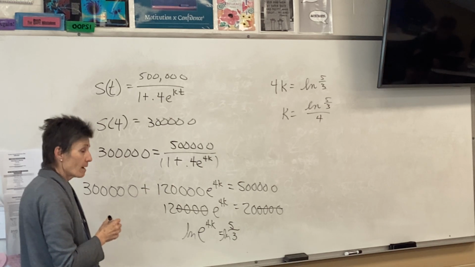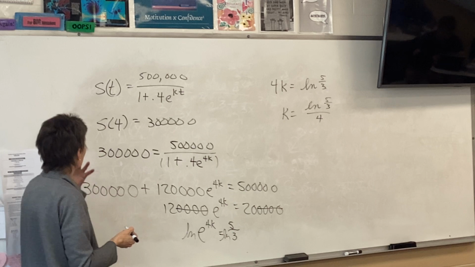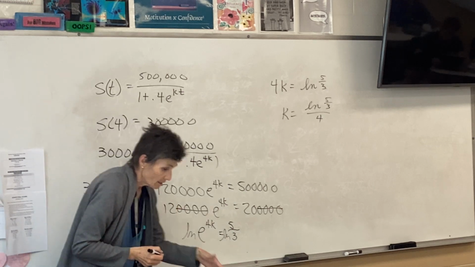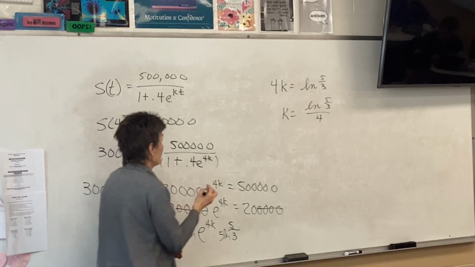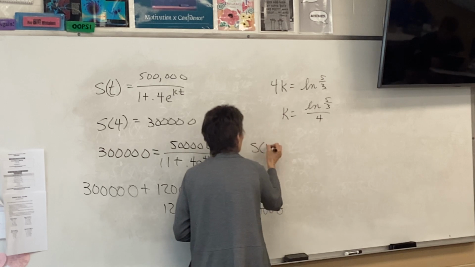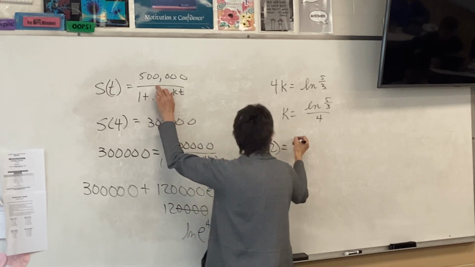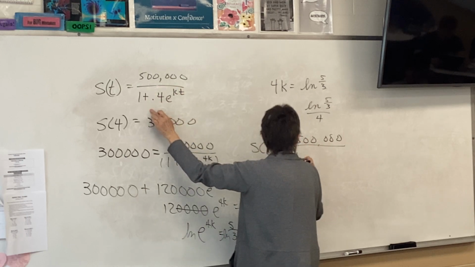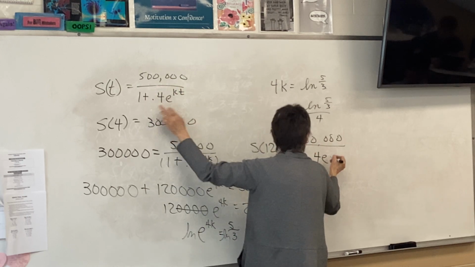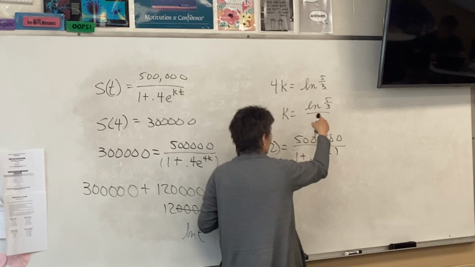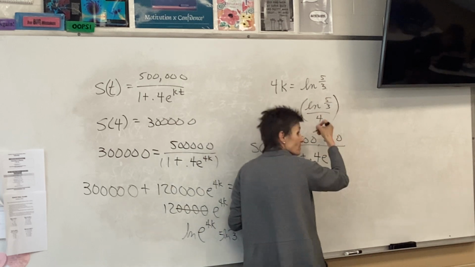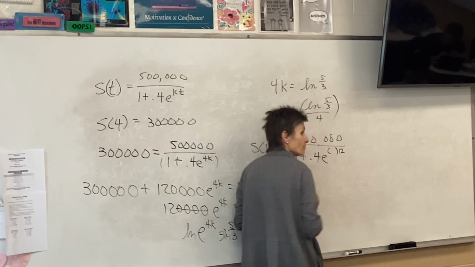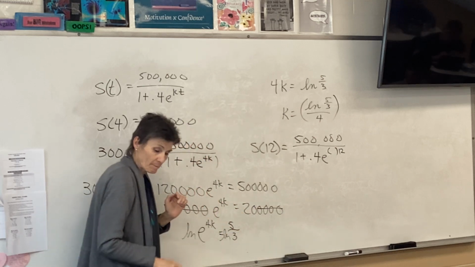Now, Anna, I'm ready to do the problem. It was find S of 12. So now I'm just gonna plug 12 in. So it's gonna be 500,000 over 1 plus 0.4 e to that, whatever that is, times 12. And I'm not gonna round off.